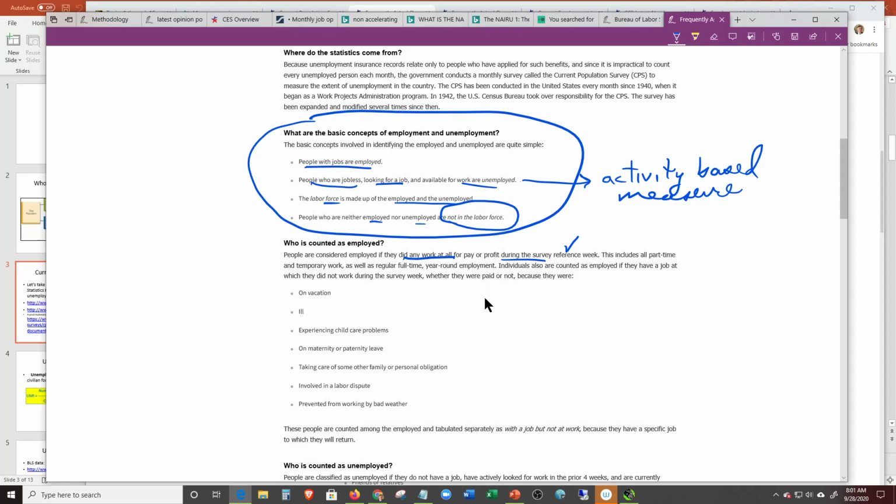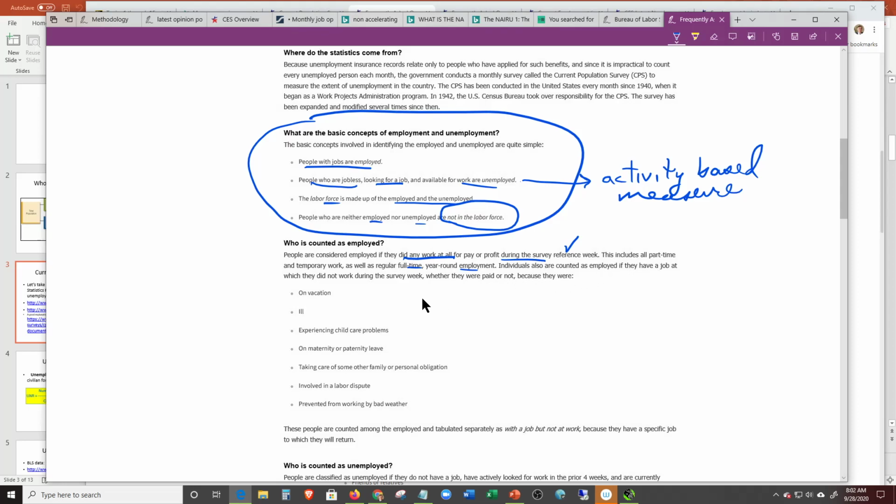And they do get into some other questions during the survey about whether you'd like a full-time job, how many hours you're working. And so all of that is reported if you want to see it. So all part-time and temporary work is included, as well as regular full-time year-round employment.